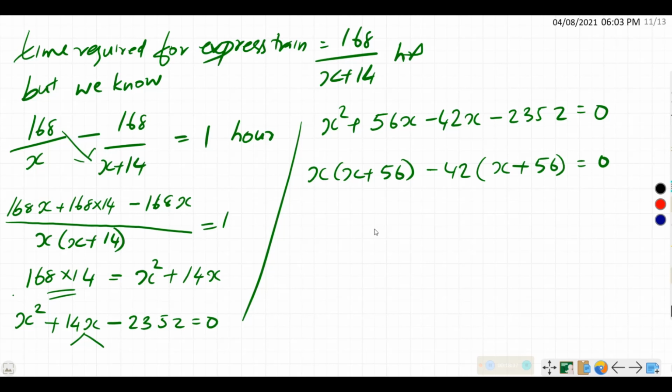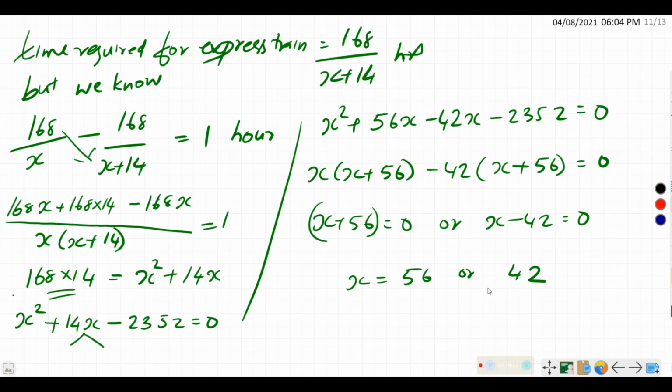That means it will be minus 56, which cannot be the speed of a train. You know that negative cannot be the speed. So x plus 56 is equal to 0, or else x minus 42 is equal to 0. That means minus 56 is one answer. Another answer is plus 42.